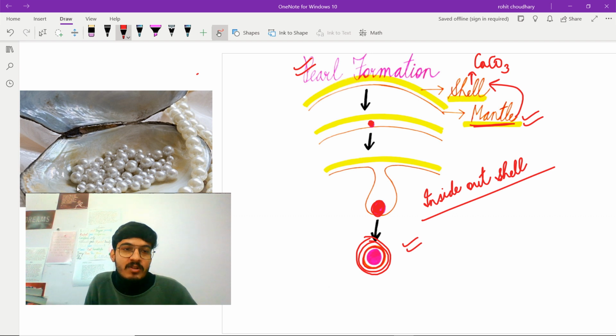As we can see in this picture, this soft silvery layer is known as the mantle, and above this mantle is the calcareous shell, and here are the pearls. So this is how pearl formation occurs naturally, but sometimes pearls can be artificially formed by forcefully inserting an irritant in between the shell and the mantle.